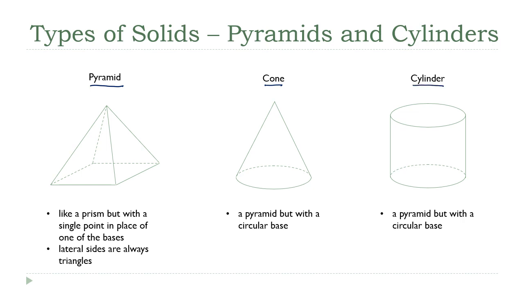And again, I've got examples of those here. These are all what we would call right pyramids, right cones, and right cylinders, again, because in simple English, they all stand upright. The definition would be the same for a cylinder as for a prism. With a pyramid and cone, the way we define it is if you drop a line from the vertex directly to the base, it's perpendicular to it.